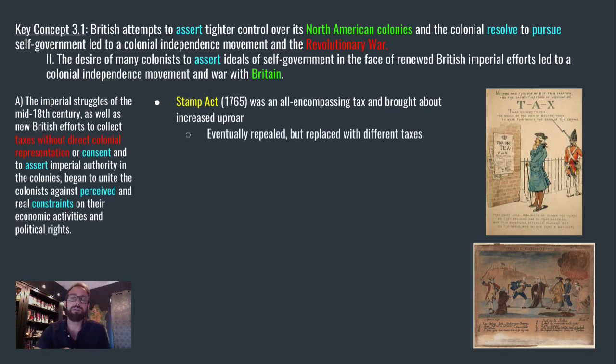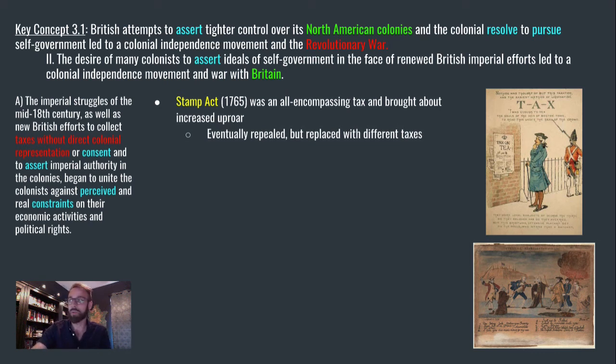So generally, the pattern we see with this, taxation without representation, as you see in the descriptor on the left, had to do with this repeal and replace process, where the British would see the uproar and the conflict happening because of this tax, and they said, okay, they don't like this tax, let's repeal it, but then replace it with a different tax that might be a little bit less or on items that might not cause such an uproar.